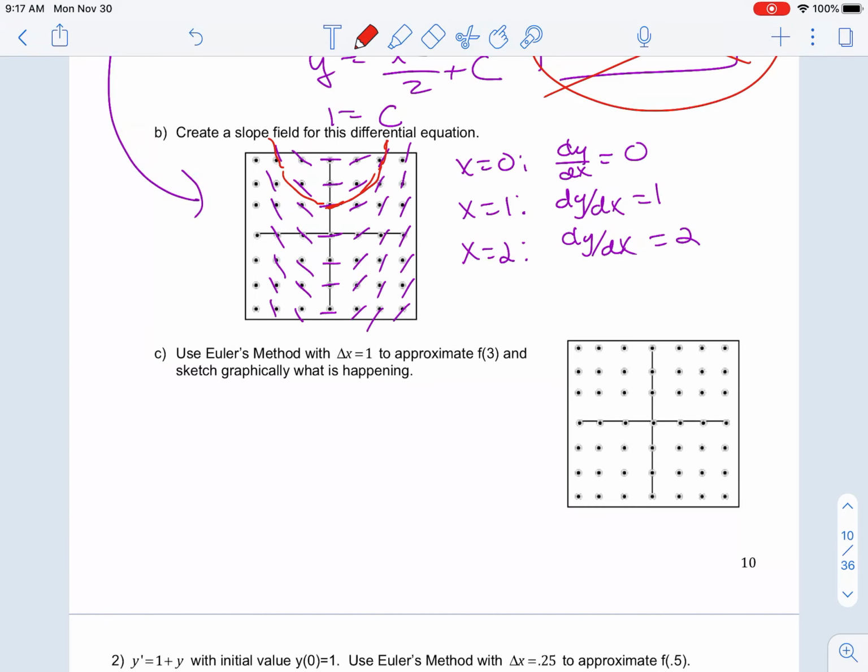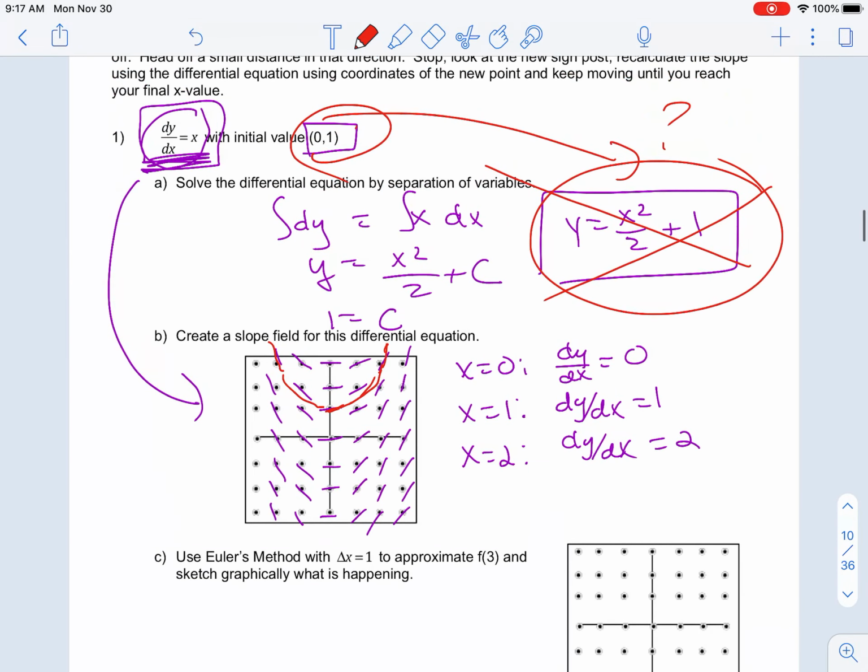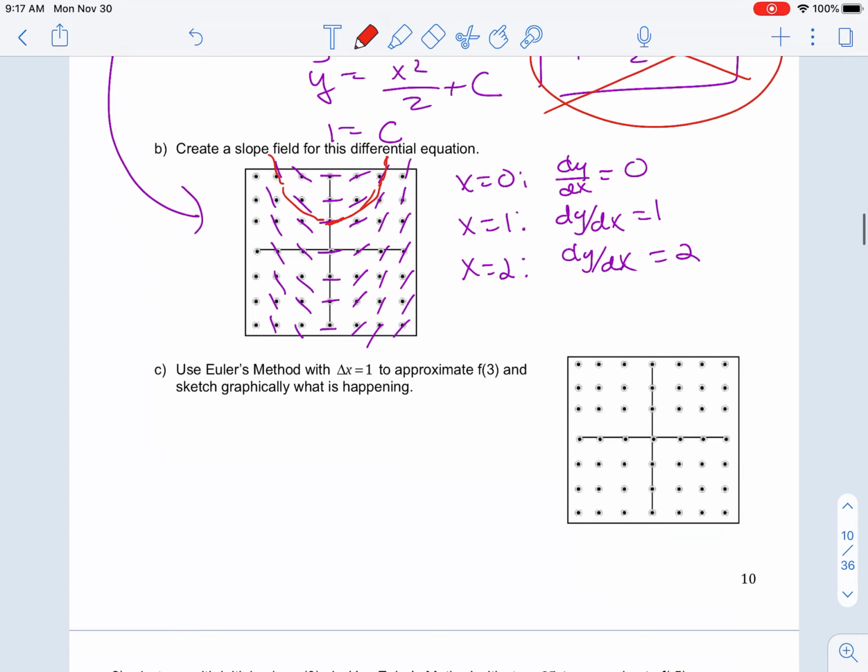Okay, so we're going to go ahead and start at the point (0, 1), which is given. And I'm going to just go ahead and write the equation of a tangent line. So I'm going to start with my general formula. This is just the equation of a line, right? Most of the time, you will be given delta x. So that's the change in x, which is really this right here. x minus x1 is your delta x.